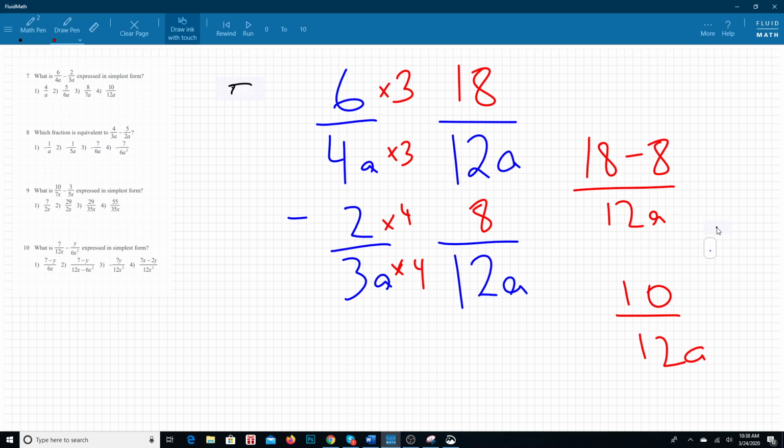We want to know the greatest common factor that can go into both 10 and 12. In this case, that happens to be just the number 2, right? So when we reduce this, we divide it by 2, and it's going to equal 5 over 6a.